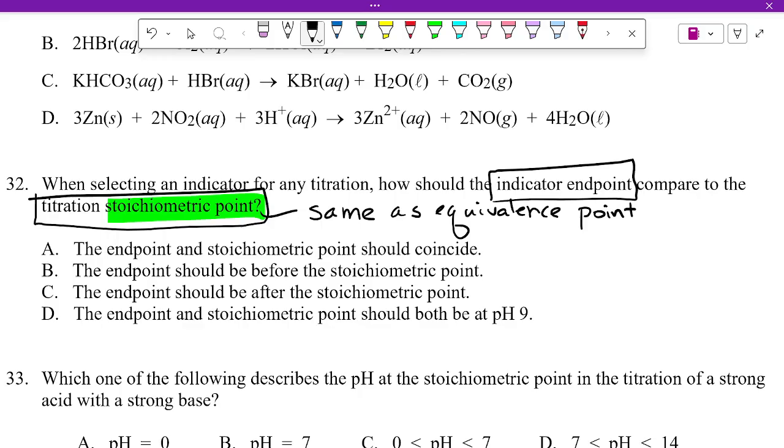What does it mean to coincide? Happen at the same time, yeah, right? So coincide means happen at the same time or place.